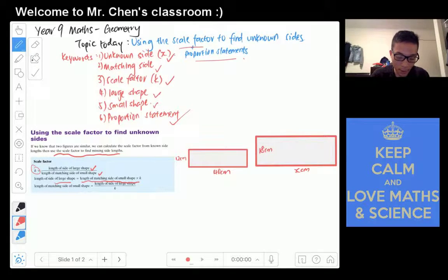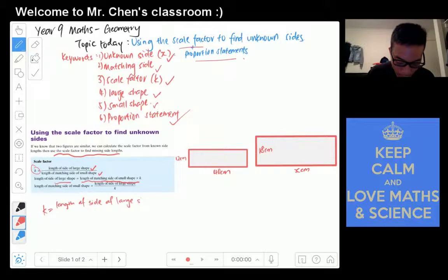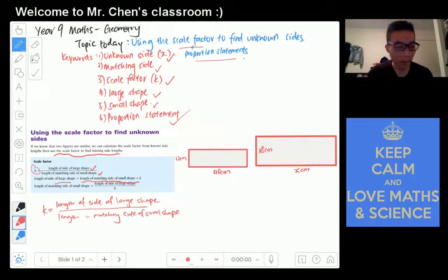How did I find that out? All you need to do is this: k equals length of side of large shape divided by length of matching side of small shape.